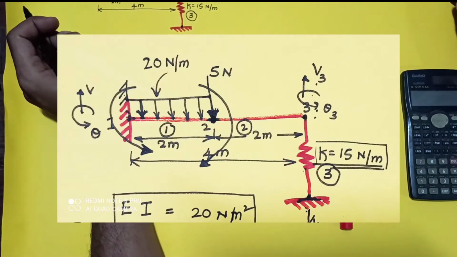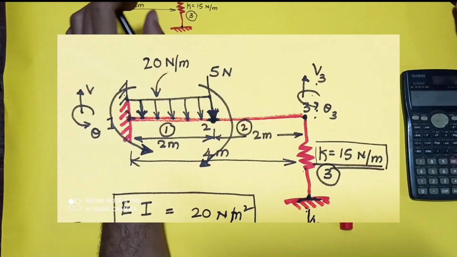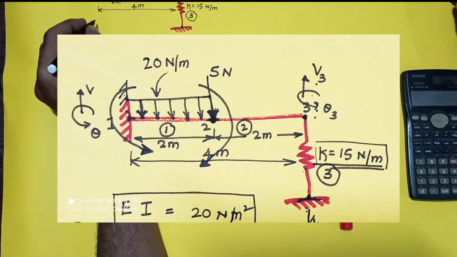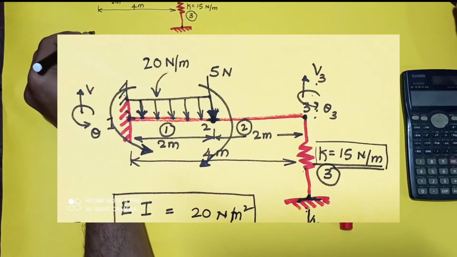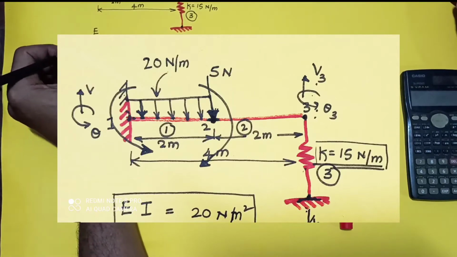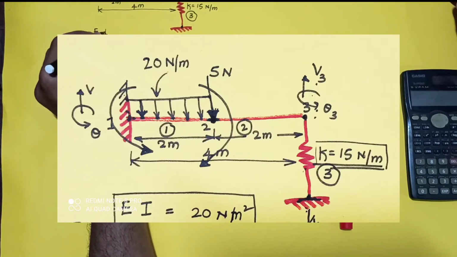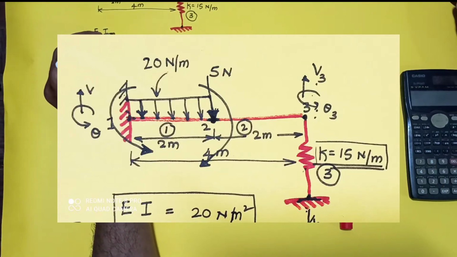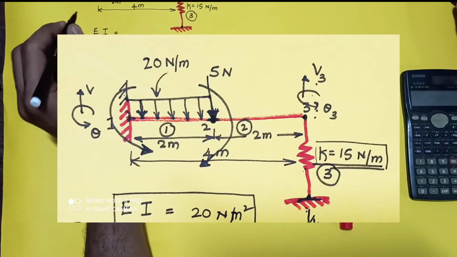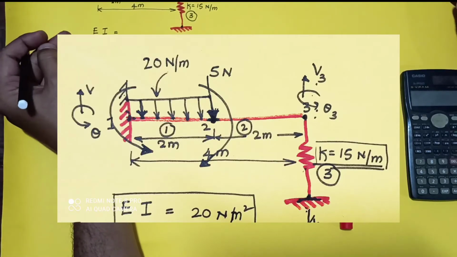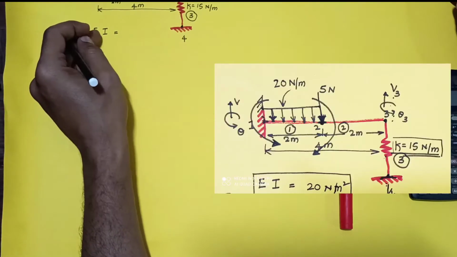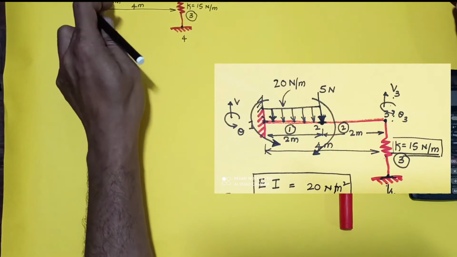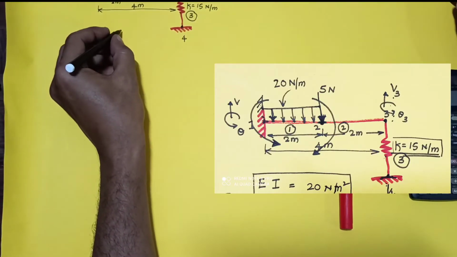These are the given values, and additionally for the beam element they may give you Young's modulus and the moment of inertia. EI value will be required. The values of E and I may be given separately or directly as the multiplication of E into I. This is required in the beam element, so I will write the multiplication directly.